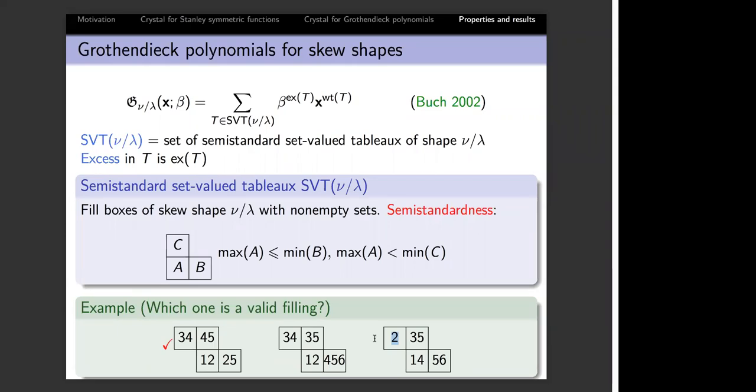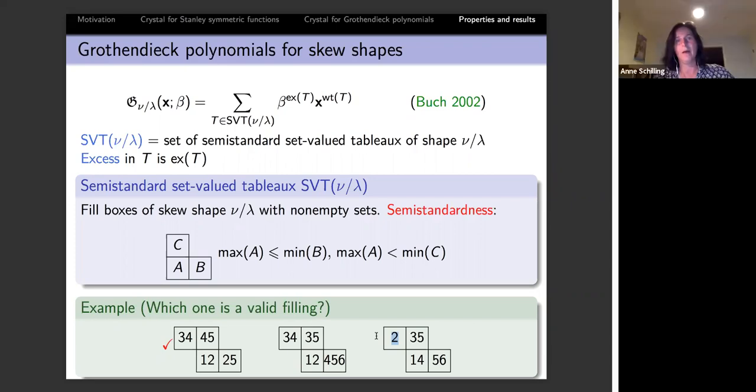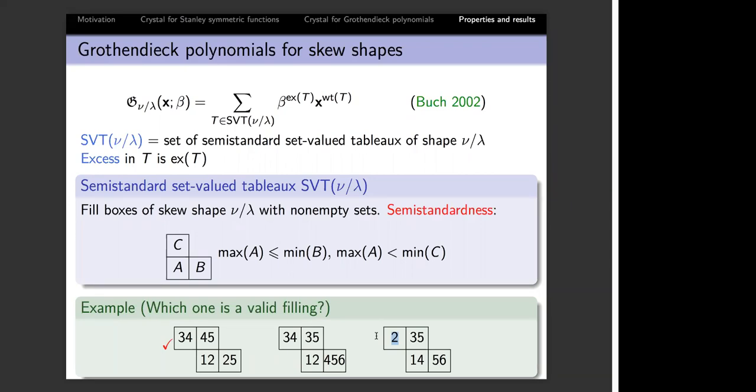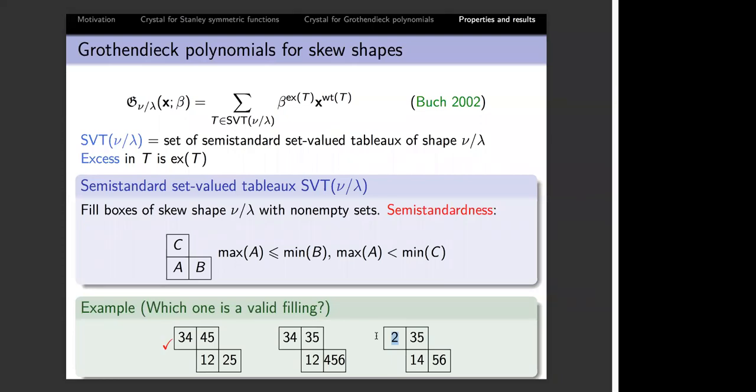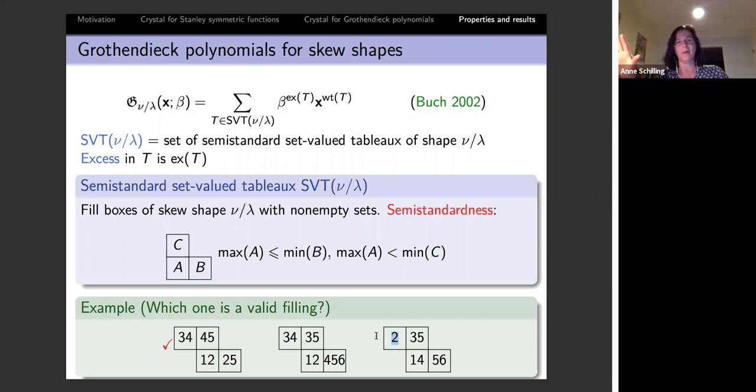So you've generalized by rethinking Buch's semi-standard set valued tableau as decreasing factorizations instead. You have now removed the constraint of 3-to-1 avoiding. No, so far we have not, but we are working on it. Oh, I see. But this is the first step for doing that.